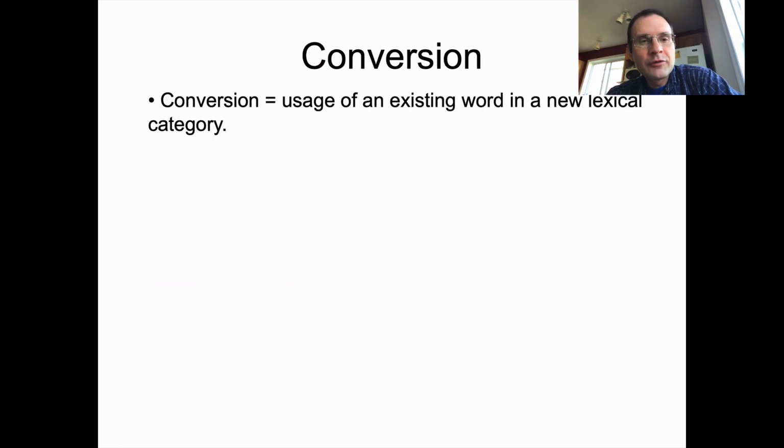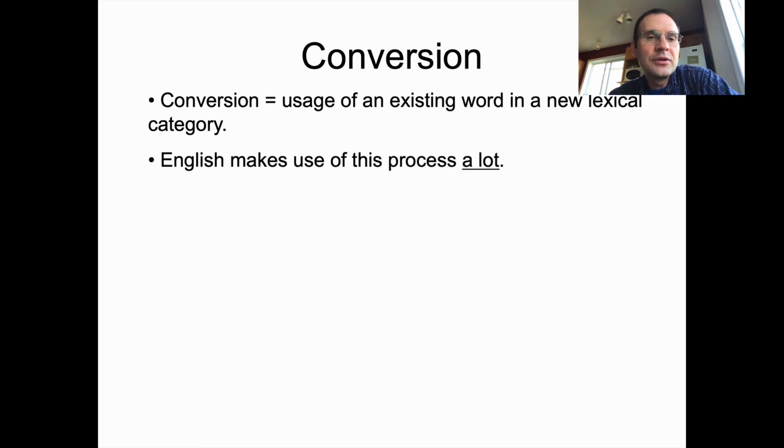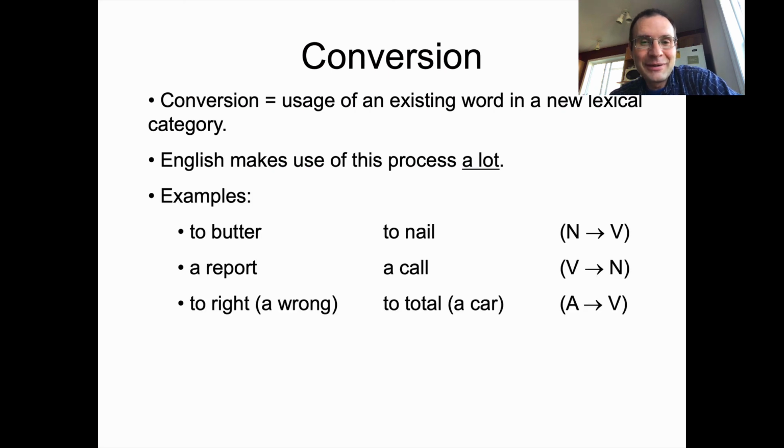Another example of a word formation process is conversion, where you use an existing word in a new lexical category. So English makes use of this process a lot, to the consternation of non-native speakers again, because there's a lot of new adaptations you have to make in order to understand what's going on here.